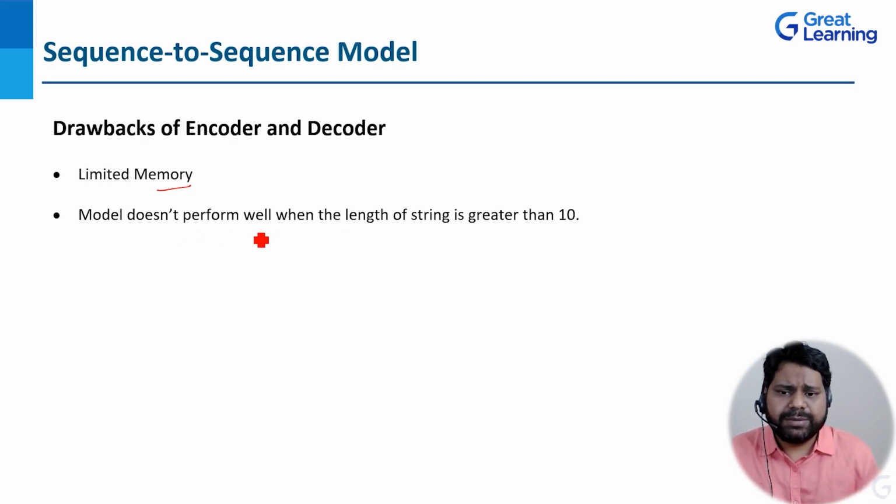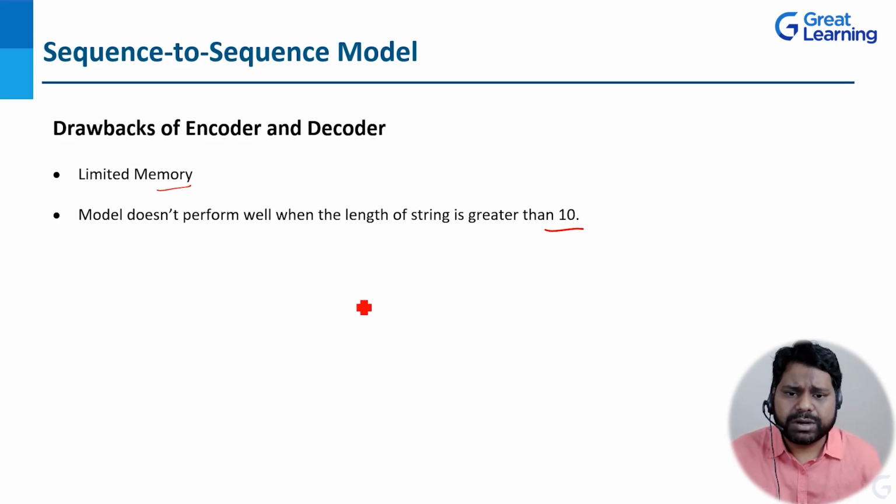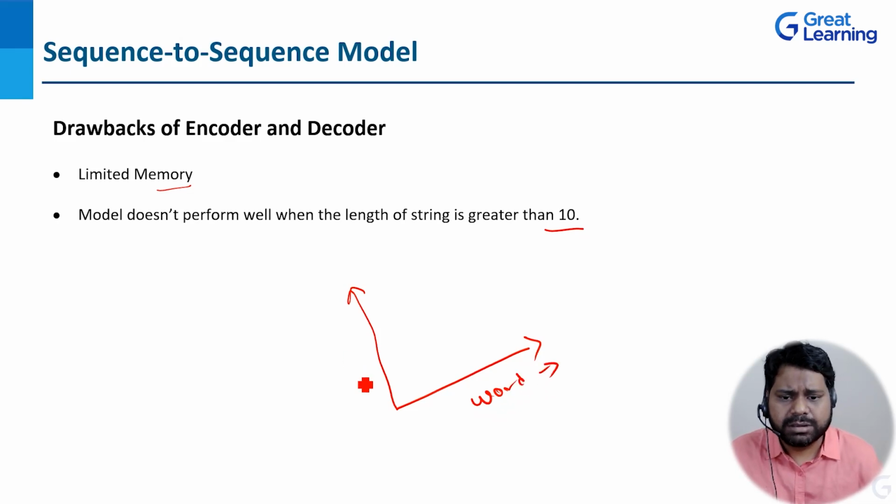Similarly, the model does not perform well when the length of the string is greater than 10. With the help of the BLEU score, various researchers found out that with an increase in word length, the BLEU score started decreasing.